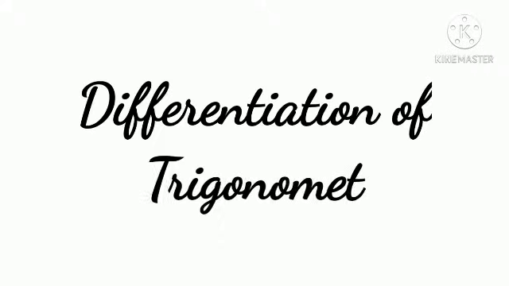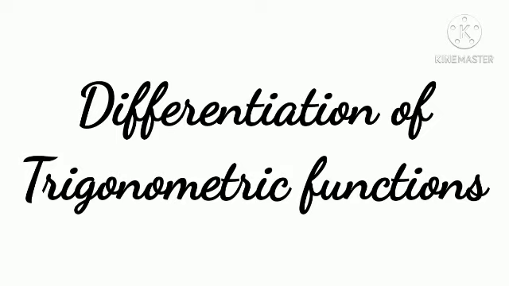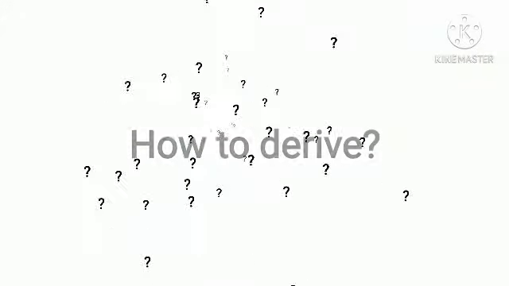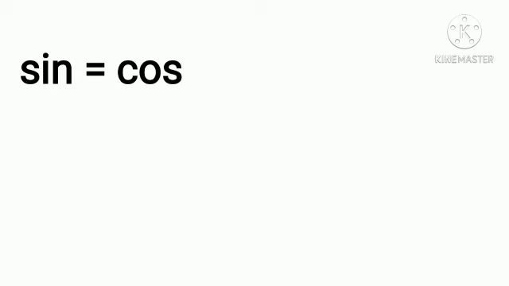Next, the third lesson we're going to have is the differentiation of trigonometric functions. What are the trigonometric functions? We have 6 trigonometric functions, which are sine, cosine, tangent, cotangent, secant, and cosecant. How to derive each and every one of them? If we derive sine, it will result in cosine. If we derive cosine, it will result in negative sine.